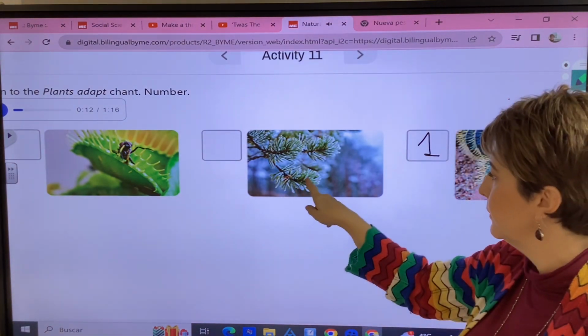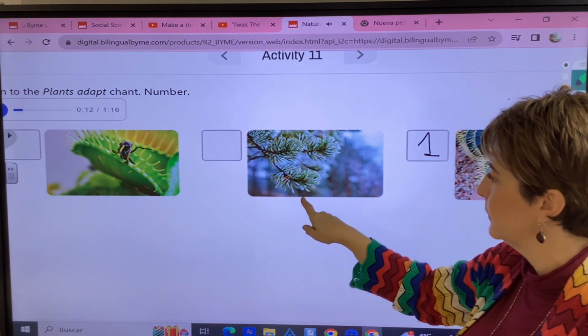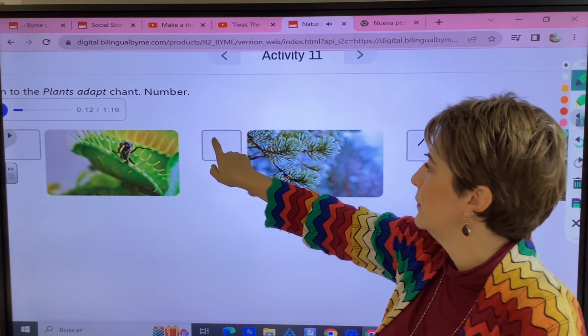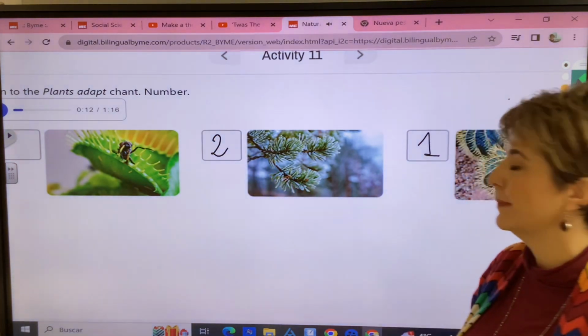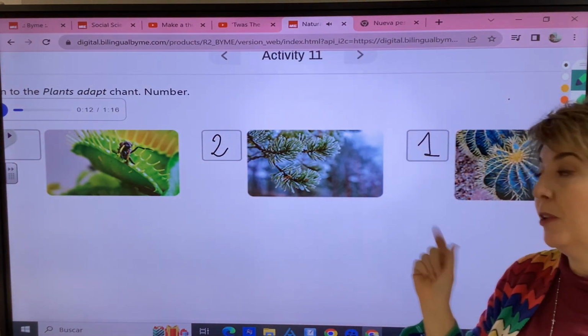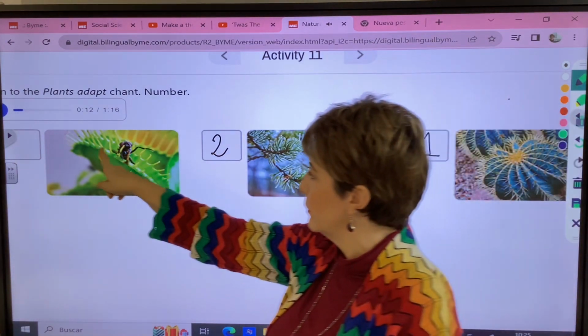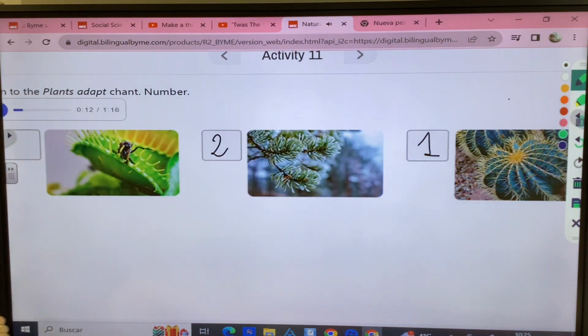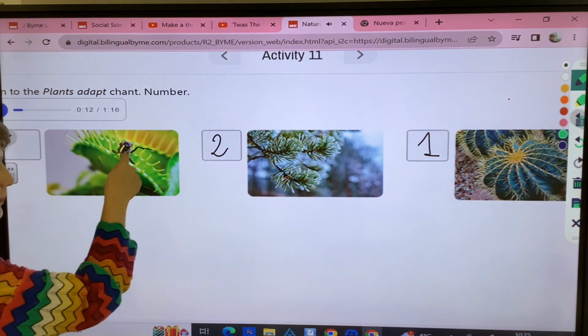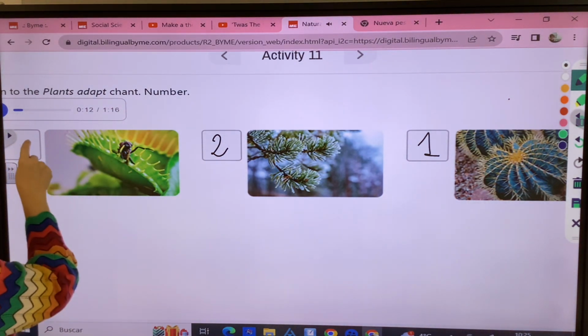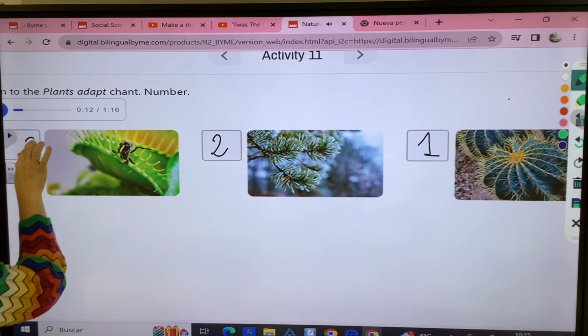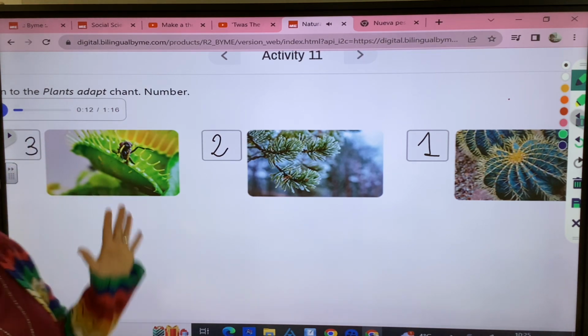They make food in the winter and all year keep me green. And all year green because it's an evergreen. I am a Venus flytrap. I like insects as a snack. I wait carefully for them to come, and then I go snap.